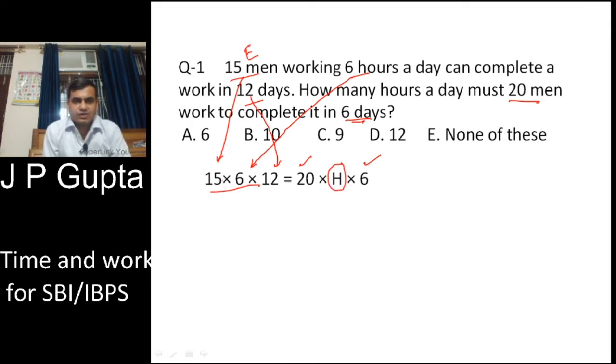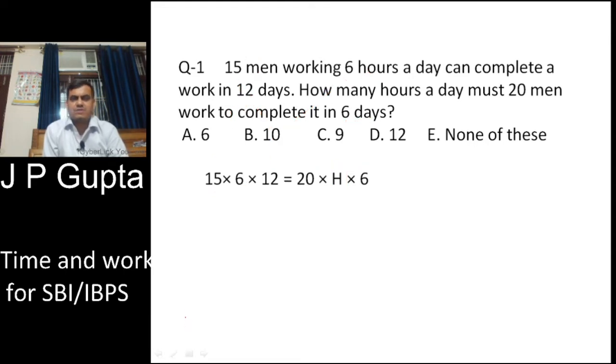Now rather than doing the whole calculation, where generally we spend lots of time multiplying first and then dividing, I recommend in such types of questions, and not only in this topic but other topics as well, that calculation will be easier if you cancel things out in the initial phase. Rather than multiplying, focus on cancellation. So this 6 and 6 are common on both sides, so we can cancel them out. Again something more is common.